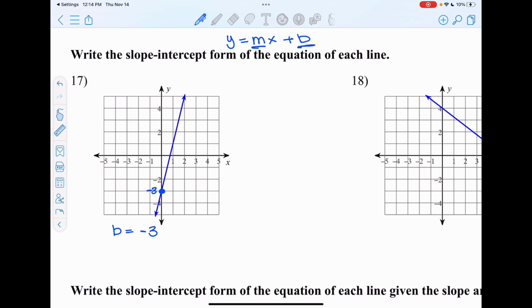And it looks like another good point is right here at 1, 1. And now I'm going to count my rise over my run. I rise 1, 2, 3, 4, and run 1. So rise over run, my slope is 4 over 1, which we can simplify to just 4, because 4 divided by 1 is 4. And now putting these pieces into my equation, I will have y equals 4x minus 3.